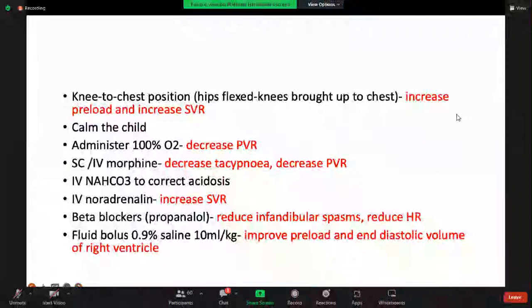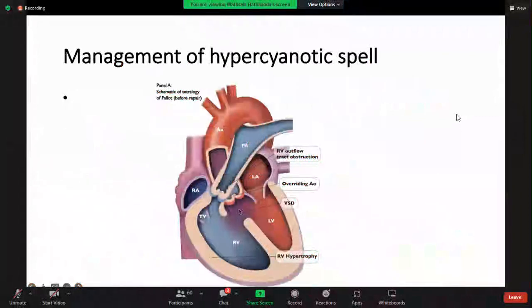So as you can see, there's not enough pulmonary blood flow. So definitive treatment would be the correction of this defect.